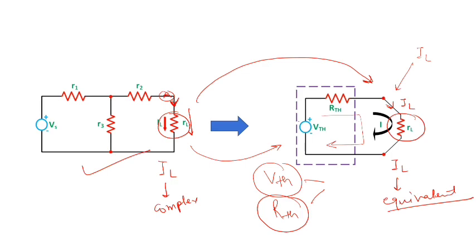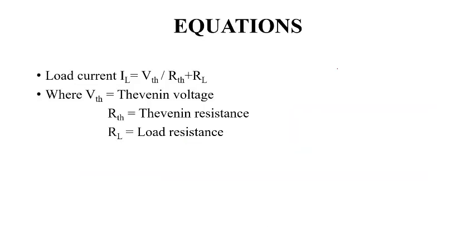Without knowing these two values, we will be unable to find out how much current is flowing in the equivalent network. And if we are not able to find the current in the equivalent network, you won't be able to verify Thevenin's theorem for a given complex network. So these are your equations which will be used for finding out load current in the equivalent circuit.